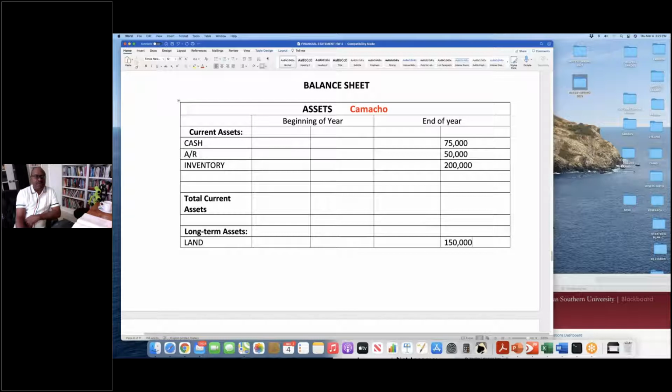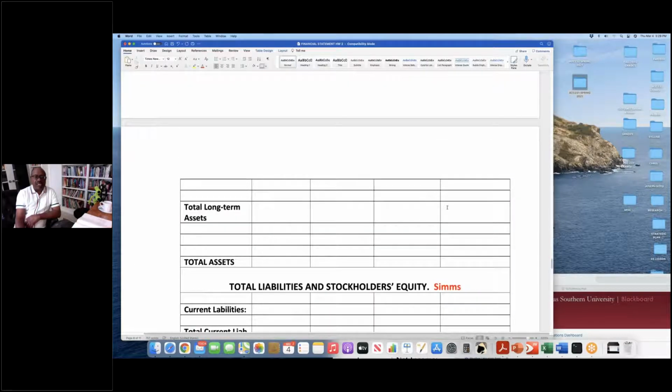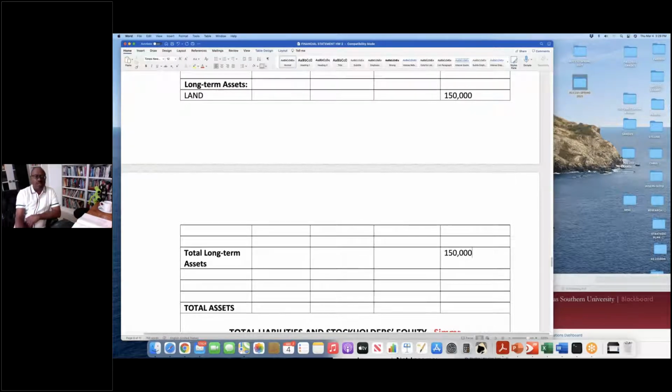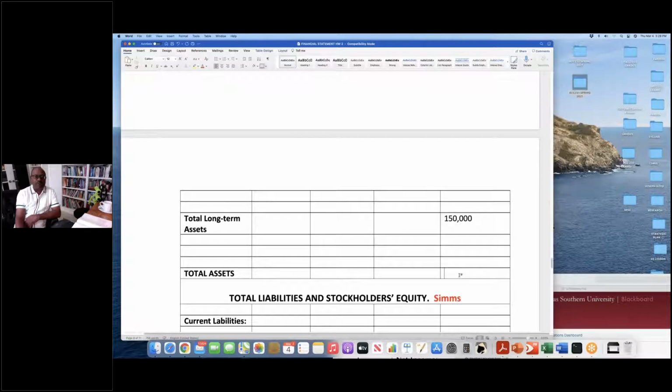That's going to be 325. Yes, 325. Your long-term assets are 150. So the total assets should be 475.